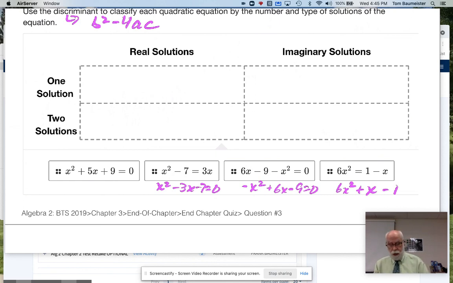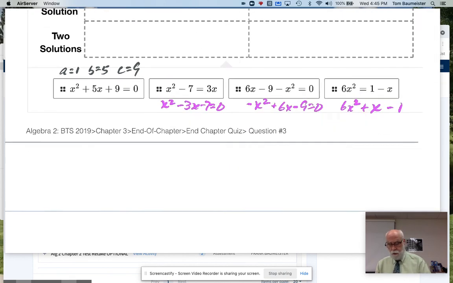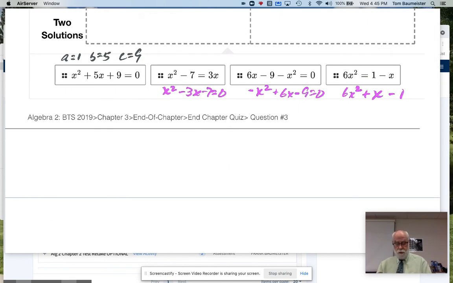The first one was all by itself, so now again, we're going to just do the same kind of thing here. We have a is equal to 1, we have b is equal to 5, and we have c is equal to 9. So if I do that one here, and I do have a little room down there to work it out. On the first one there, again, b squared minus 4ac. So our b is 5 squared minus 4 times 1 times 9.